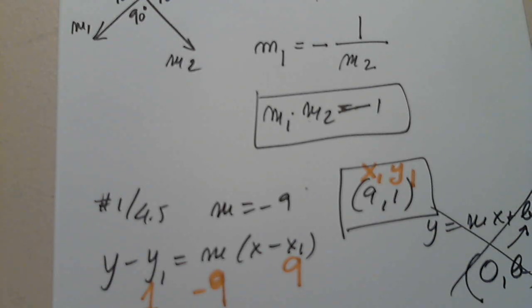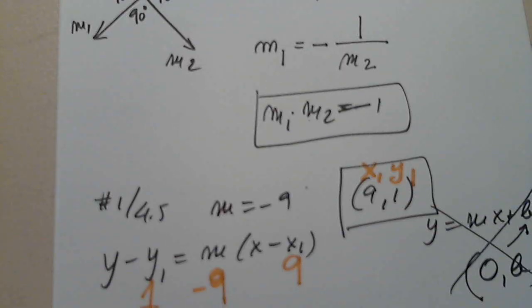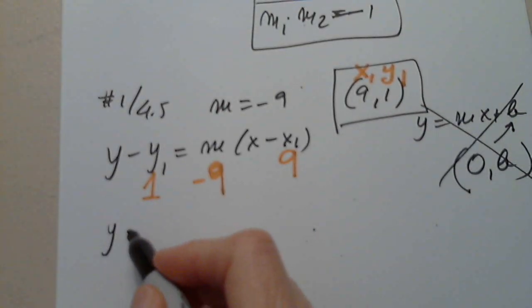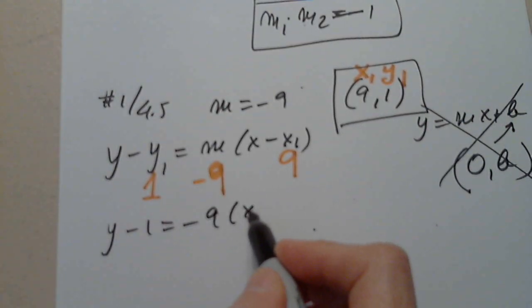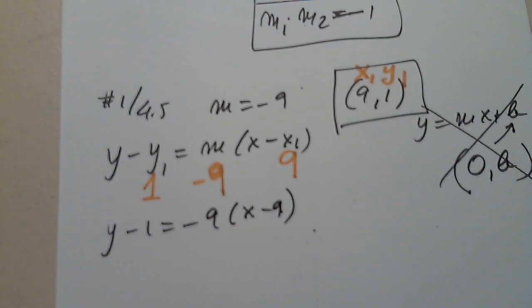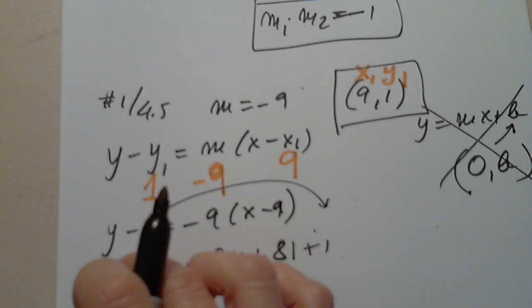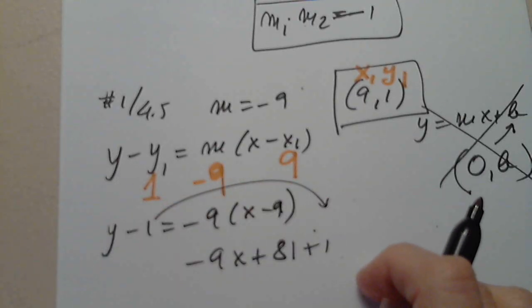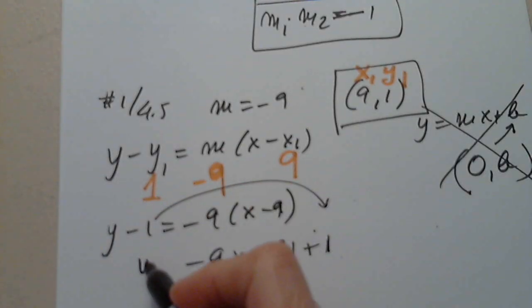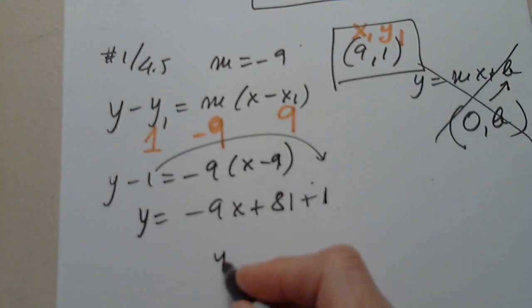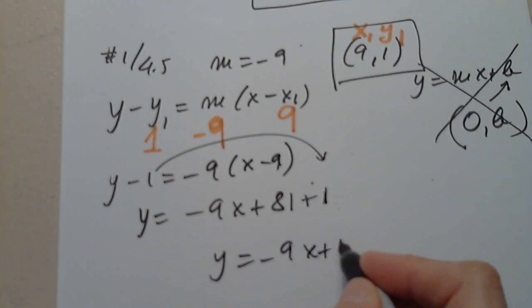But eventually I have to solve for y, which means I have y minus 1 equals negative 9 times x minus 9. I will have to distribute: negative 9x plus 81. And then I have to bring the 1 over. It was negative on one side, I move it to the other, and I add 1. And this is the final form: y equals negative 9x plus 82.